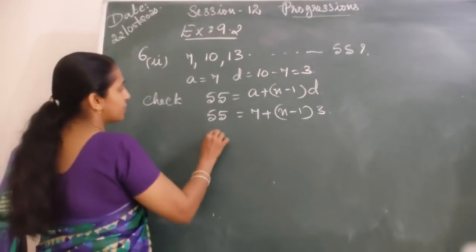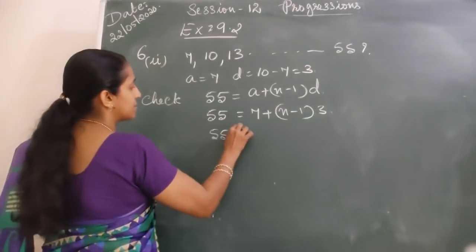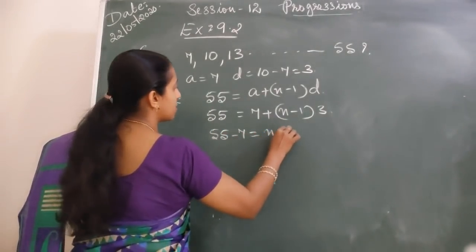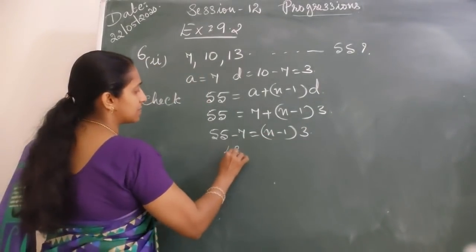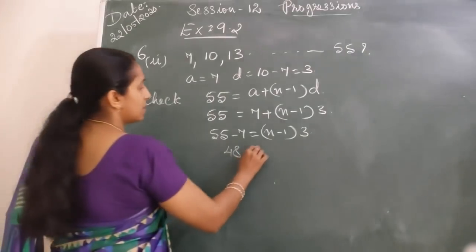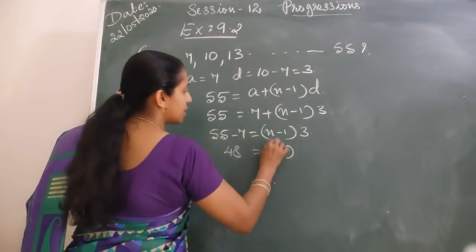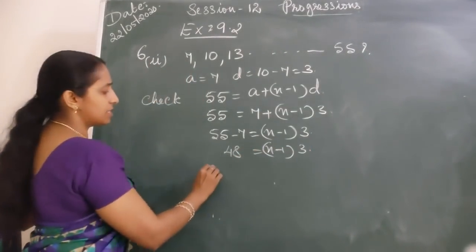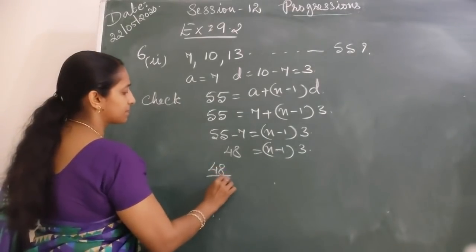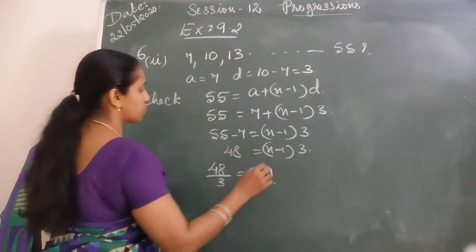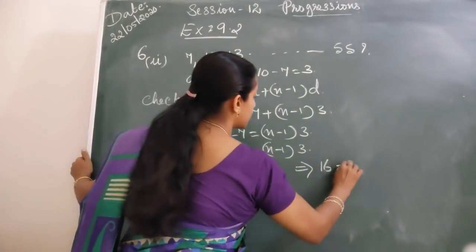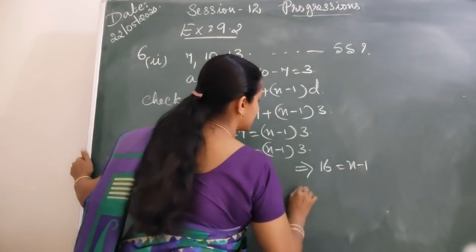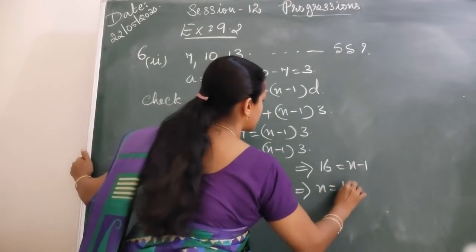So 55 minus 7 will be equal to n minus 1 into 3. You will get 48 equal to n minus 1 into 3. 48 divided by 3 equal to n minus 1. That is 16 equal to n minus 1, which implies that n is equal to 17.